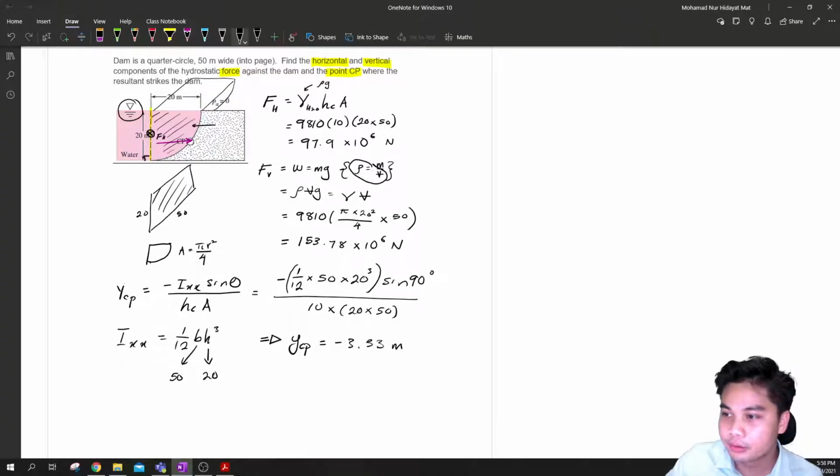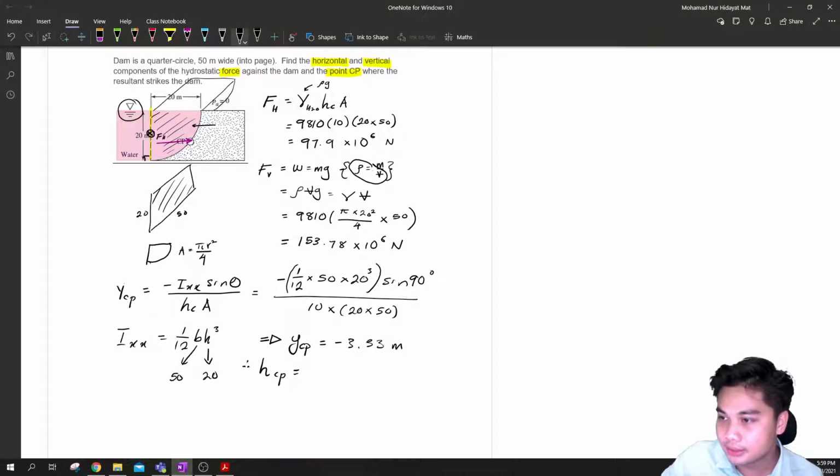Okay, so the final point of the HCP, this is actually the centroid, and from the centroid to the CP is what you need to find. So for here, the HCP is actually from the surface to the point CP.